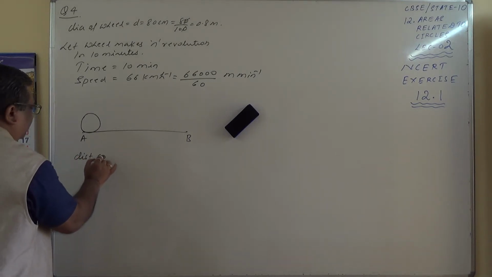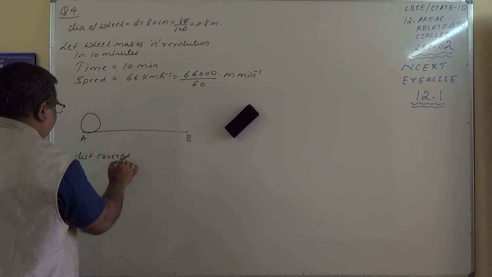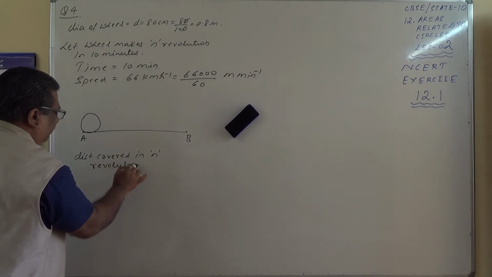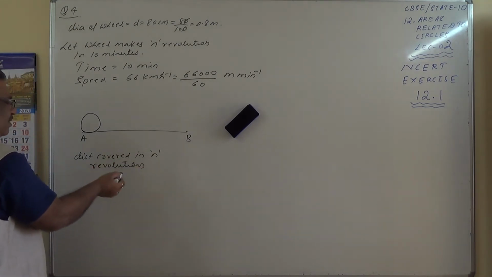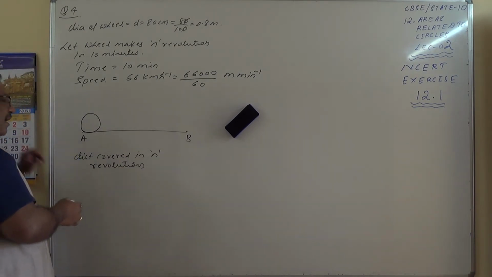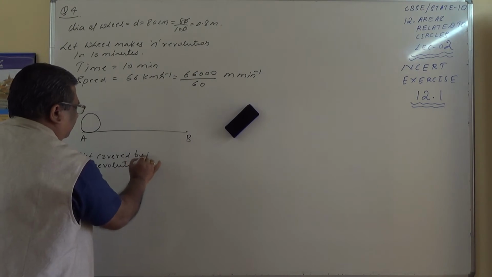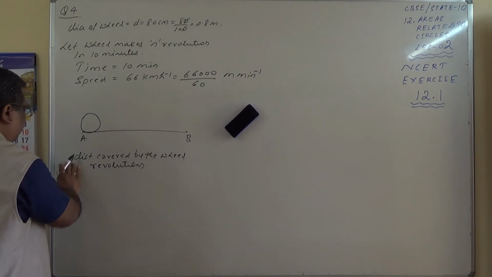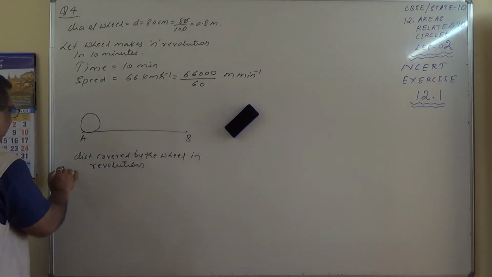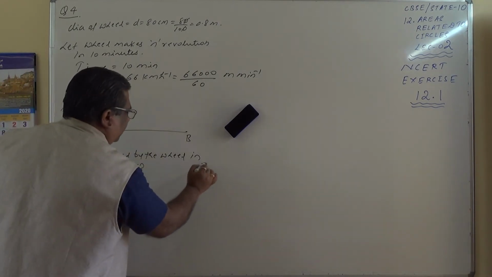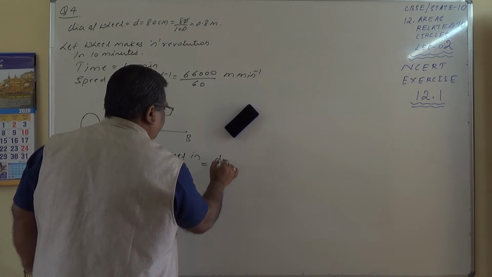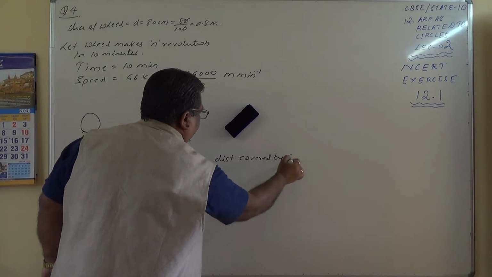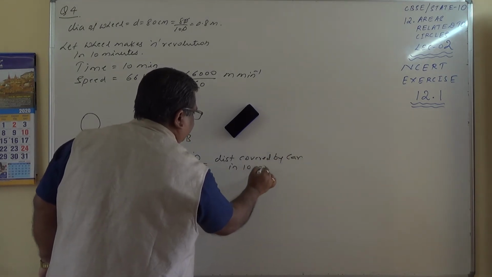So I'll write here: distance covered by the wheel in n revolutions is equal to the distance covered by the car in 10 minutes.